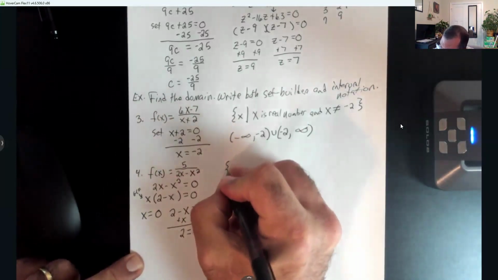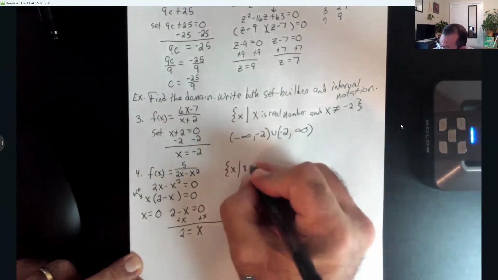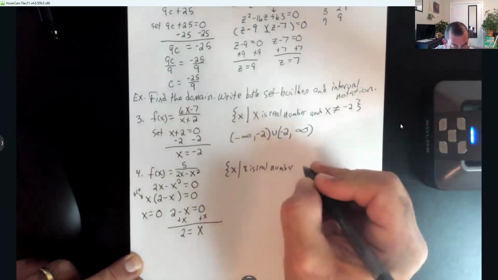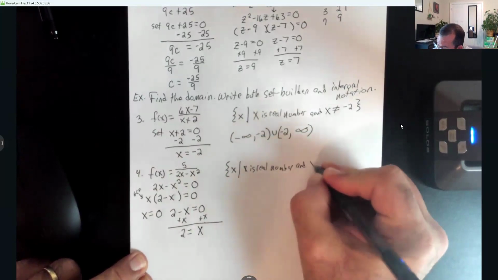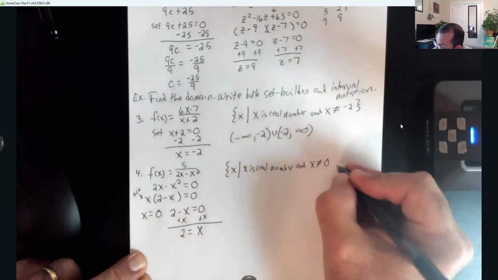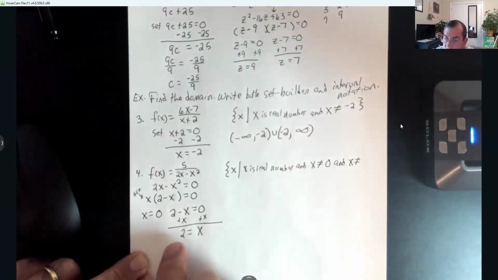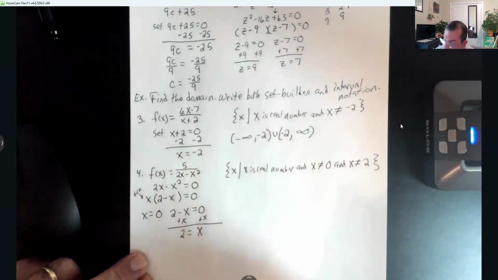So for set builder notation, x such that x is a real number and x cannot equal 0 and x cannot equal 2. Now, we'll tell you this.